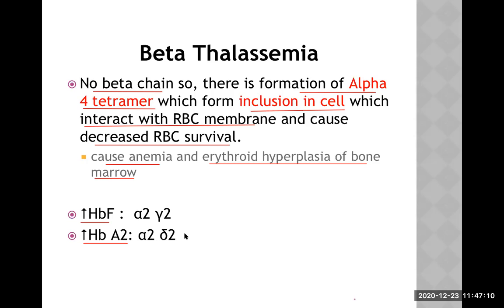Now remember, we are talking about beta thalassemia. So beta chains are not forming. If beta chains are not formed, hemoglobin A is not going to form. So we should have some other types of hemoglobin in place of that. And these are fetal hemoglobin and hemoglobin A2. So that's why they are formed.